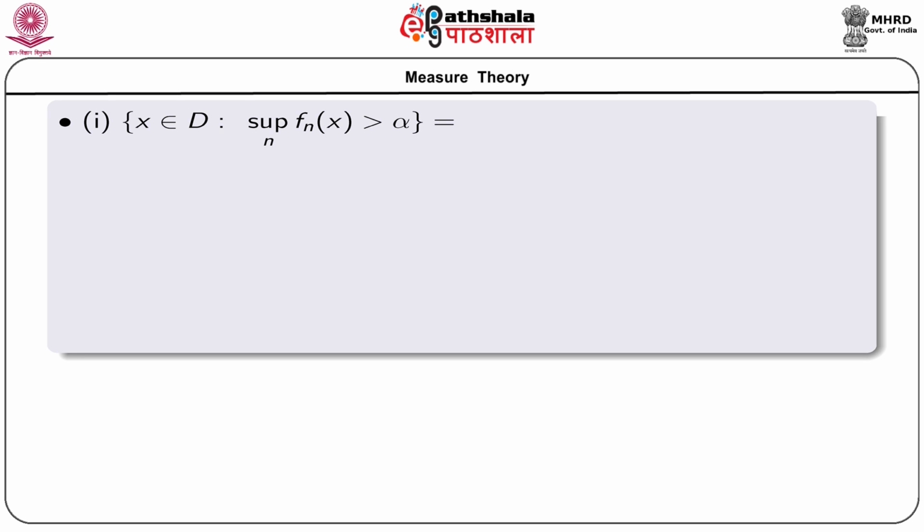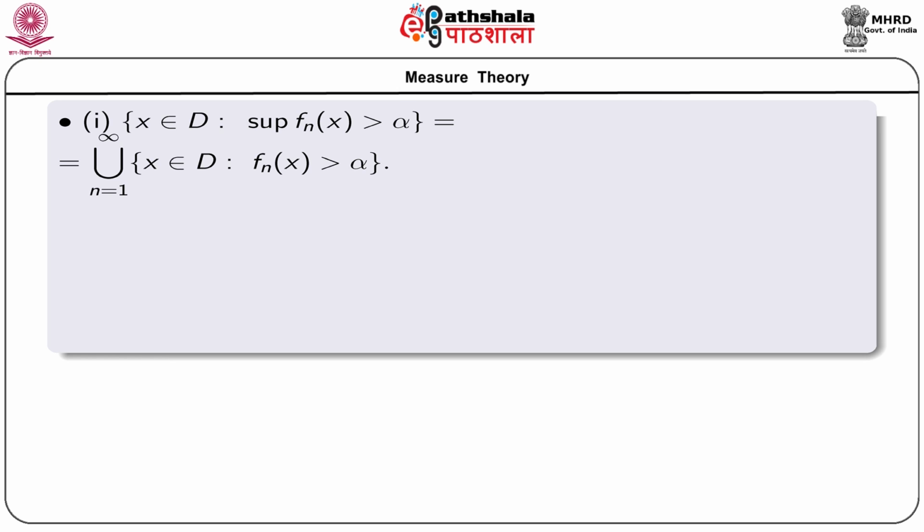So, we first prove that the supremum and infimum of f n, these two functions, are measurable. We start with a real number alpha. See that the collection of all x belonging to D where supremum over n f n x is greater than alpha is equal to the union n equal to 1 to infinity of the sets of x belonging to D where f n x is greater than alpha.